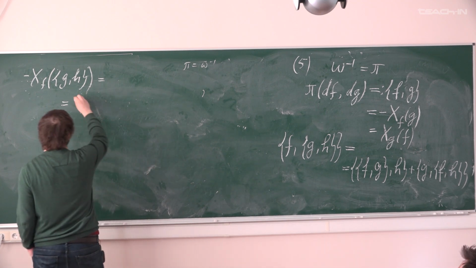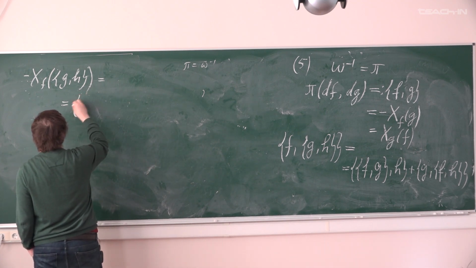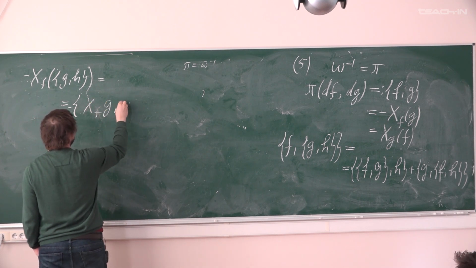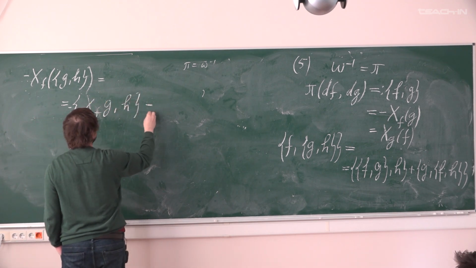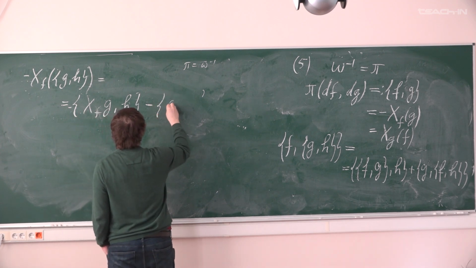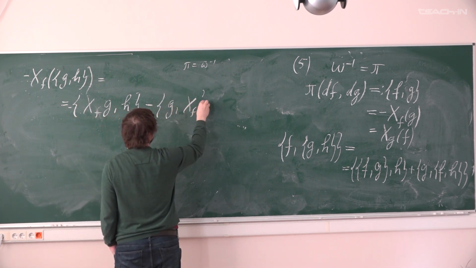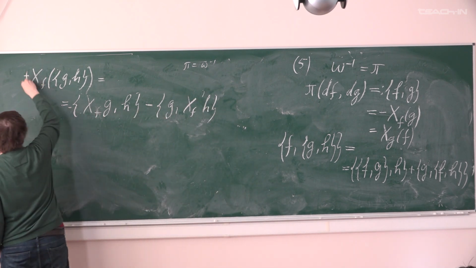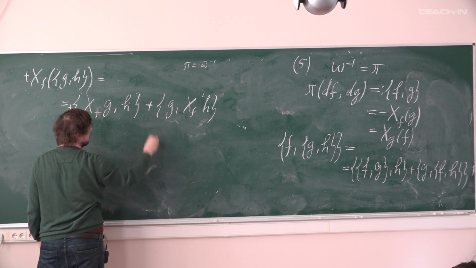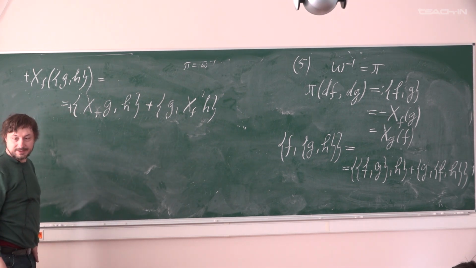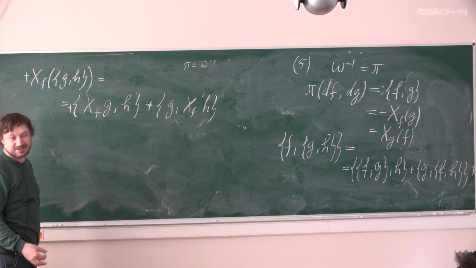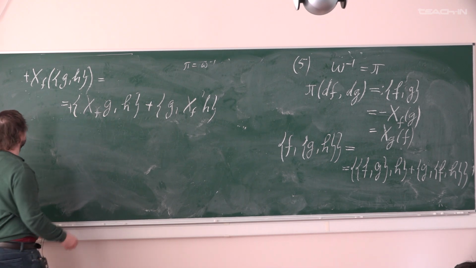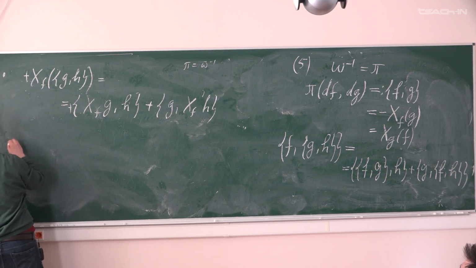On the right, I have the bracket minus X_f applied to g, comma h, minus g, X_f h. So if we now remove the minus, which we can do, we get another equation, which is just the same Jacobi identity, but written in a different way. That's one way you can do it.